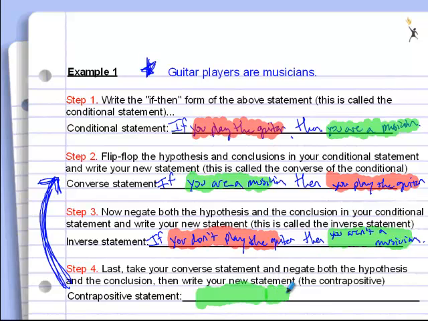So again, I'm going to write my conclusion, then my hypothesis. But now I'm going to negate them. The converse statement reads, if you are a musician. Well, I'm going to negate that. If you aren't a musician, then, and up here it reads, you play the guitar, but I'm going to negate that and say, you don't play the guitar.